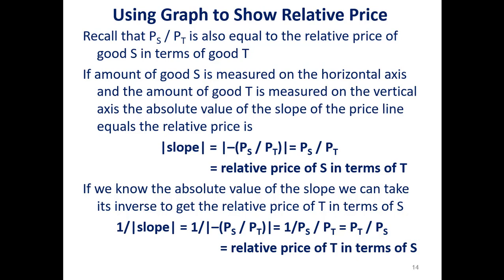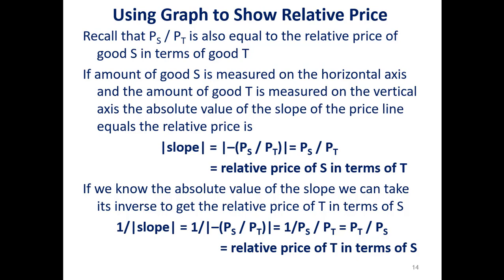But this is to show you that the idea of relative price is about this change you have to go through in order to procure, to acquire, to have one more unit of S, if we want to use the absolute value of the slope, and the inverse of that, 1 over the slope, to get the relative price.